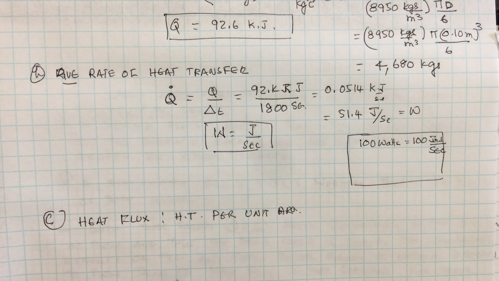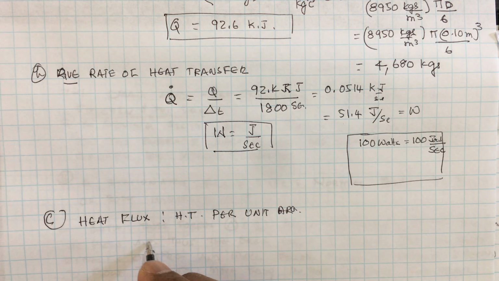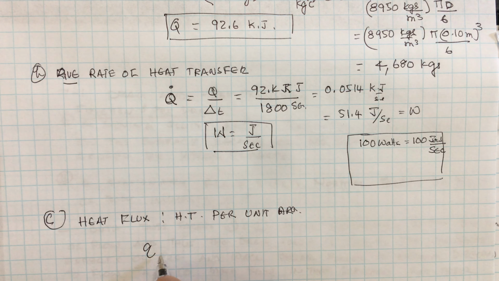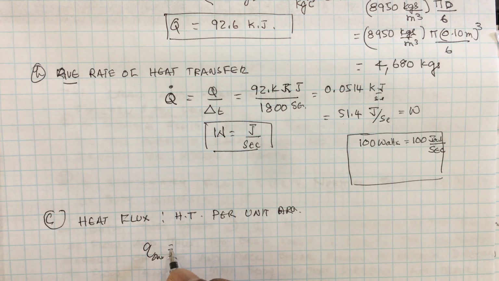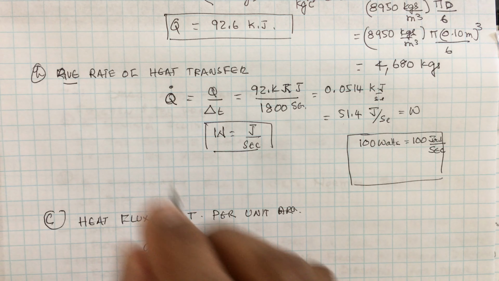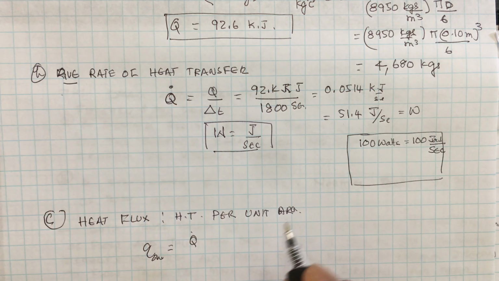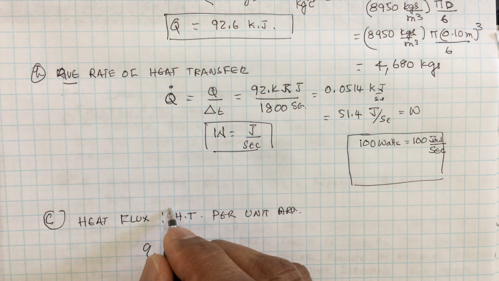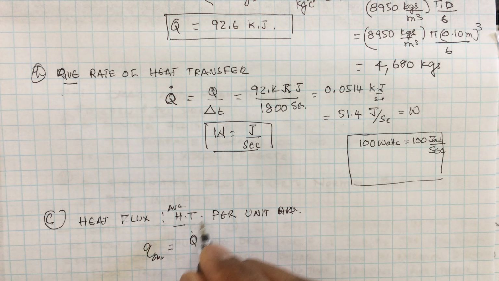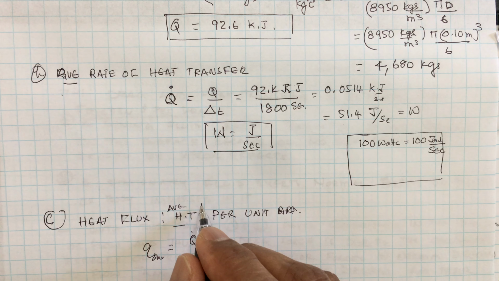The equation for the heat flux, represented by q average, is equal to the average rate of heat transfer per unit area.